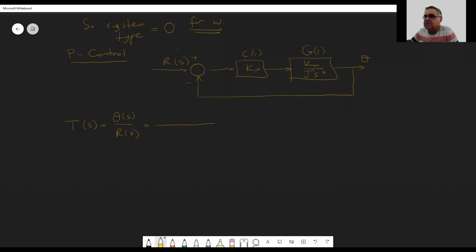As you might remember, this is CG divided by 1 plus CG, which will be the following: Kp Km over Js squared divided by 1 plus Kp Km over Js squared. If you combine the terms, you are going to get Kp Km over Js squared plus Kp Km.